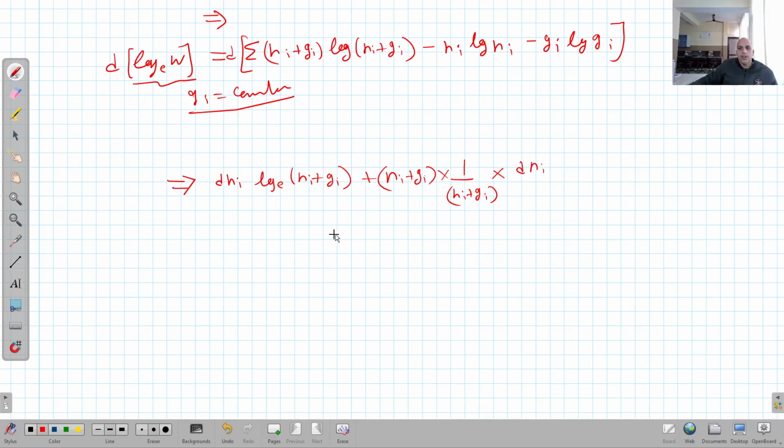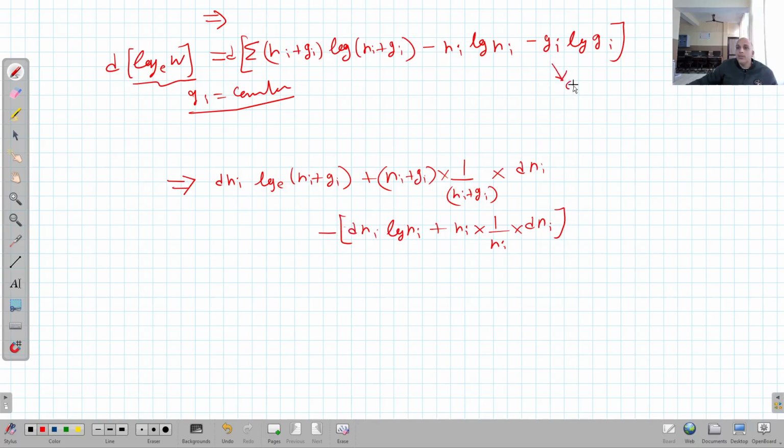This is the first. Similarly, for the second term, I will have minus dNi log of Ni plus Ni into 1 upon Ni into dNi. Here, this is the first term and this is for the second term.